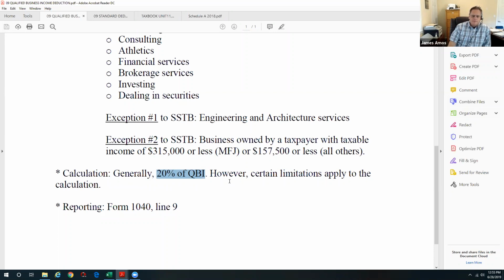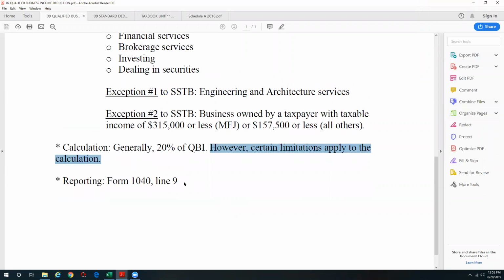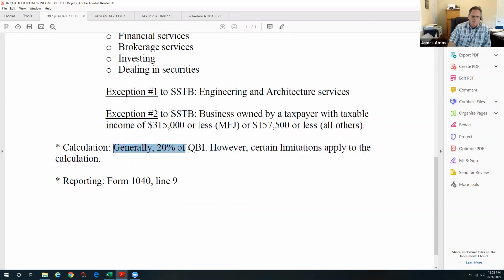Your net profit. However, certain limitations do apply to the calculation. So when you're doing it, you have to do the worksheet and the form that goes with it to calculate it correctly. I'm just saying, generally speaking, you're taking 20% of your qualified business income, which is your net profit. But there are some limitations that apply to this.